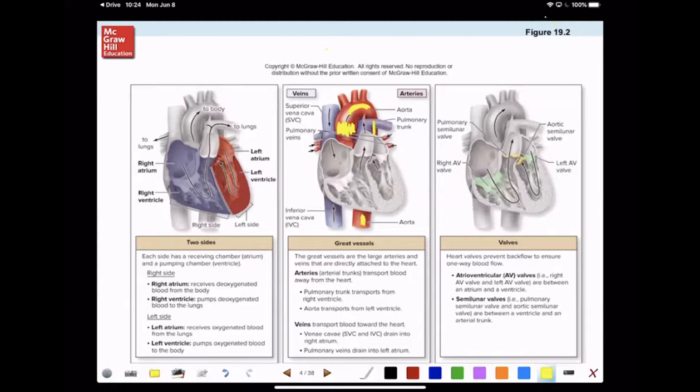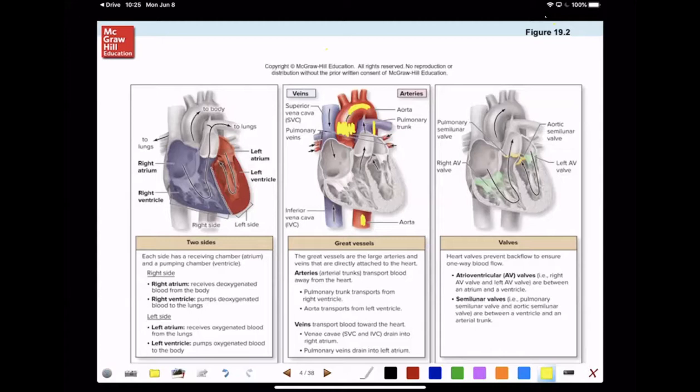And then in the lungs, oxygen and carbon dioxide exchange happens. Oxygen enters the blood, carbon dioxide leaves the blood, and the blood becomes oxygenated and is then delivered by pulmonary veins into the left atrium. From the left atrium, the blood will pass through the left AV valve into the left ventricle.